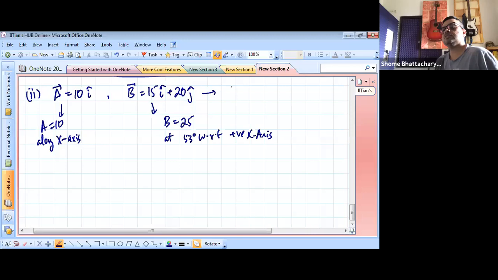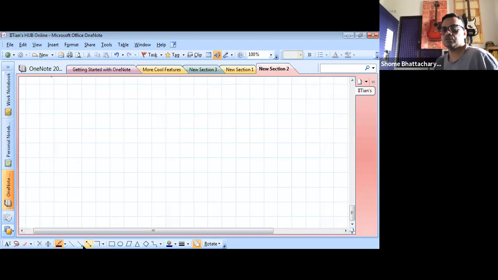Because we can see that for this tan theta is 20 by 15, so that is 4 by 3, and theta is in first quadrant because x and y components are both positive. So the vector is lying in the first quadrant. So based on that information, now we can draw the two vectors, which in our xy plane will look like this.